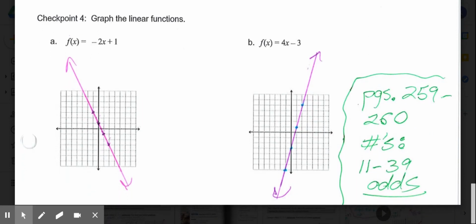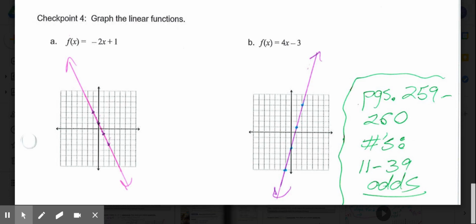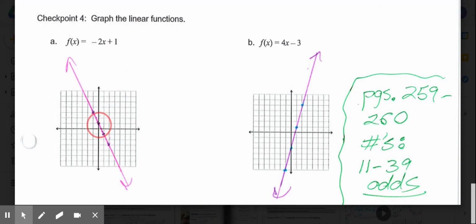Moving down, 2 more graphs. So again, think of these instead of f of x as y equals mx plus b, slope-intercept form. Same thing. So graphing f of x equals negative 2x plus 1. The y-intercept is at a positive 1. So the first thing I want to do is graph my y-intercept. Over 0, up 1.